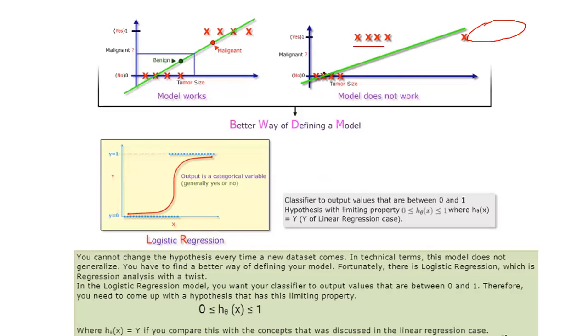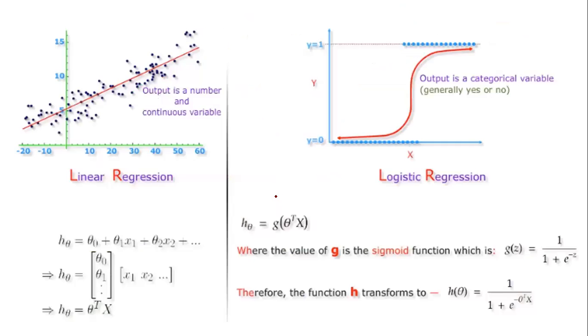A better line will be this one, but to minimize the error, my line will become like this. So all of them will become non-malignant, but that is not true. That's why I need a logistic regression, which gives me values between 0 and 1 and properly accommodates all sizes of tumor. This is what a logistic regression is.